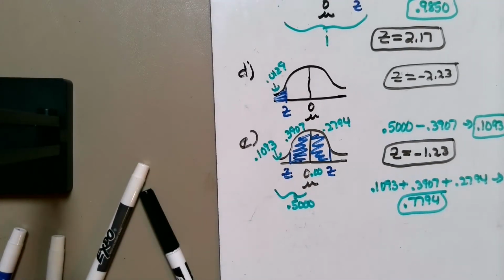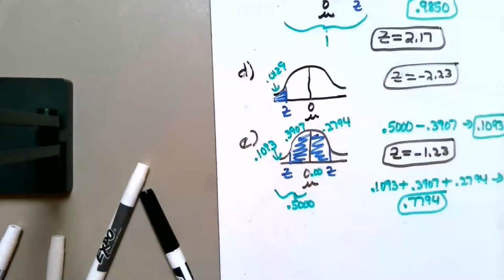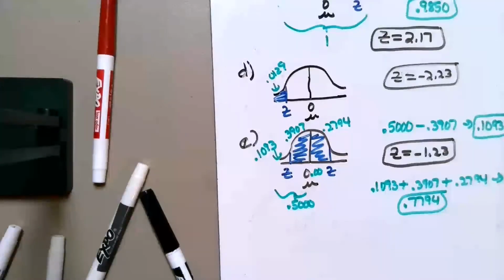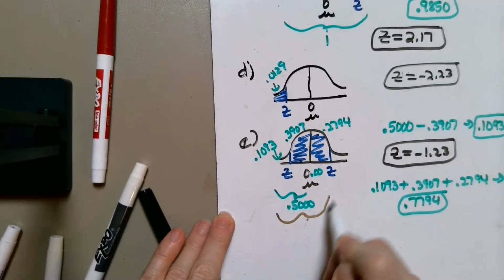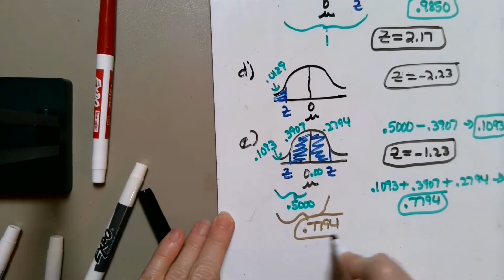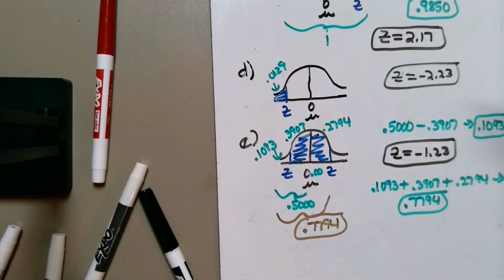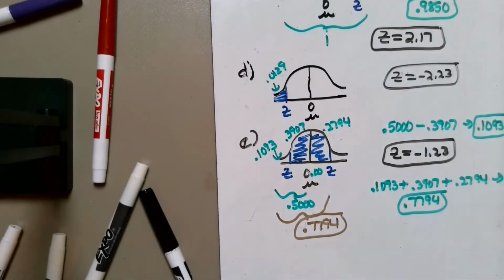Let me pick another color here, brown. So all of this area from the left tail all the way over to z is 0.7794. If we want to find that z-score, that's what we have to look up, and we're going to find that on the positive z side, because we are on the positive z side.